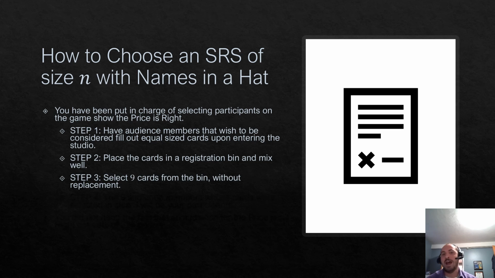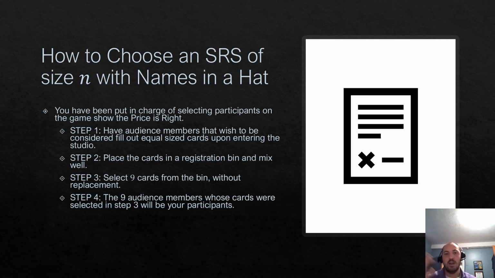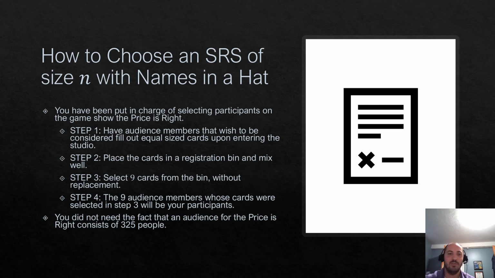Then you'll select 9 cards from the bin without replacement, because you need 9 participants in each game show. And that is it. Those 9 audience members whose cards were selected will be your participants. And note, I didn't even need the fact that there were 325 people in the audience. The main thing is they all put their names in the bin.